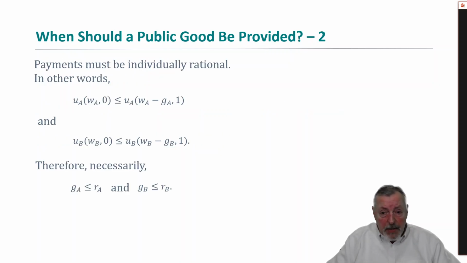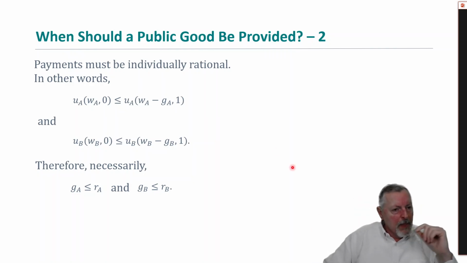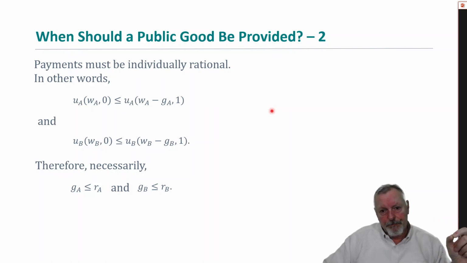Now, those payments have to be rational. Meaning that individuals will only buy a good if the utility from doing so is greater than or equal to the utility of not doing so.